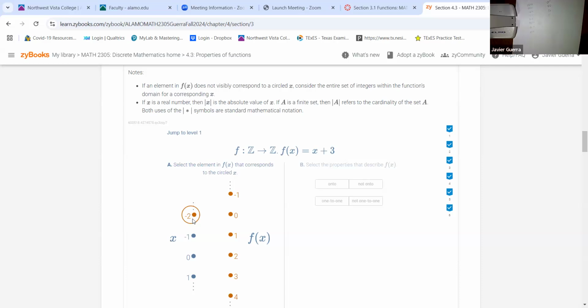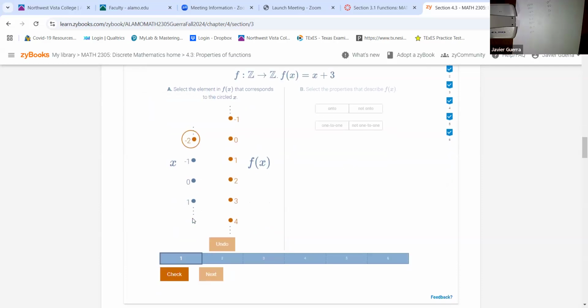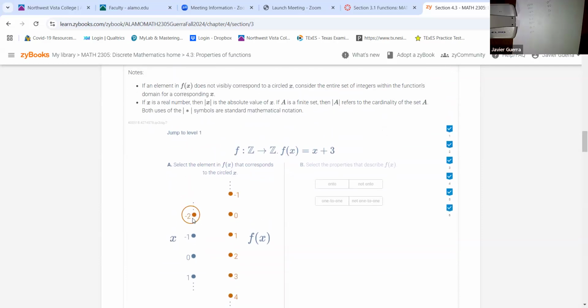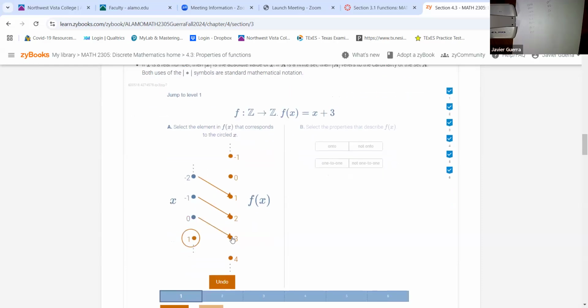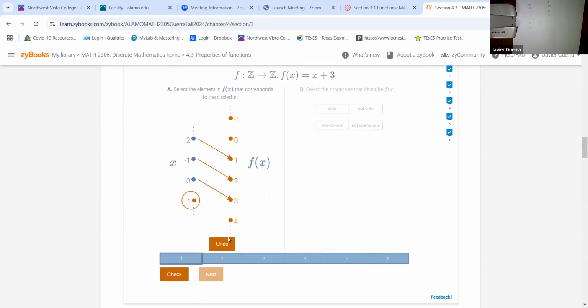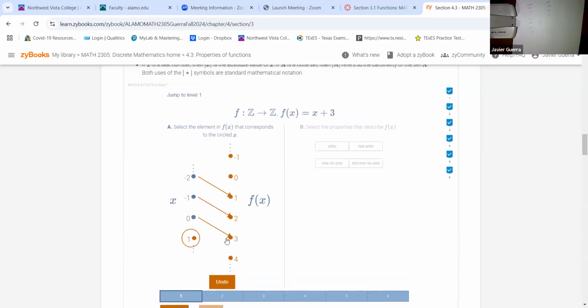I think if I plug in -2, it goes to 1. -1 goes to 2. 0 goes to 3. I think that's it. Okay, now what do we do? All right, so 1 goes to 4.